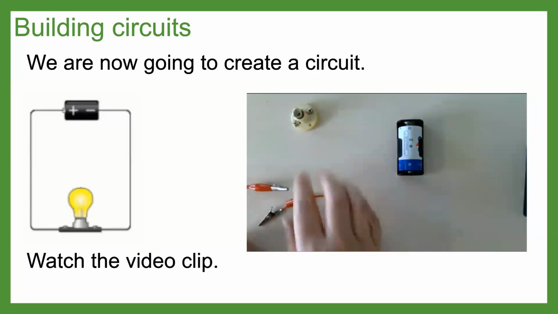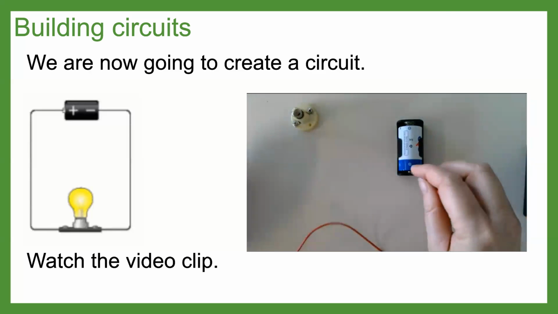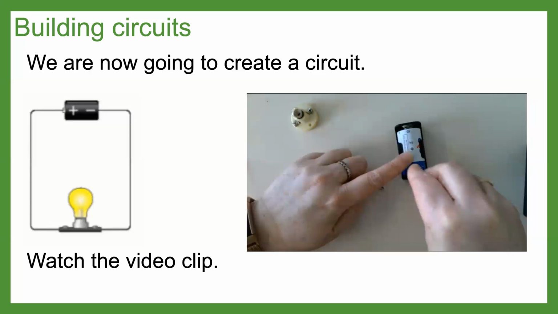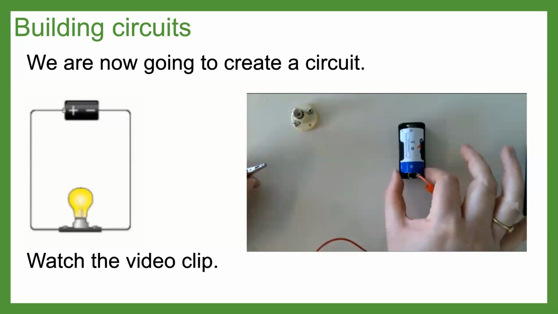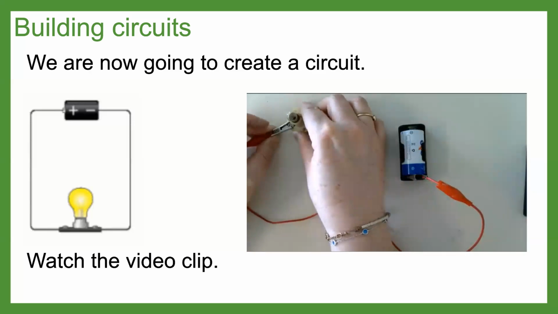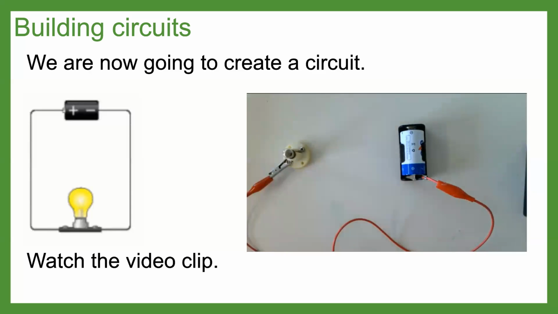Now, to make a circuit work, you need to make sure that every part is connected into a circle shape. So we connect our crocodile clip to one end of our battery. We then connect the other end to one of the metal parts of the bulb holder.